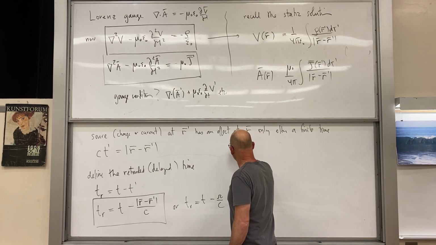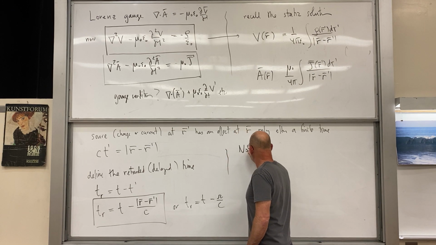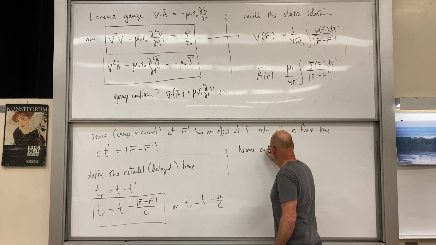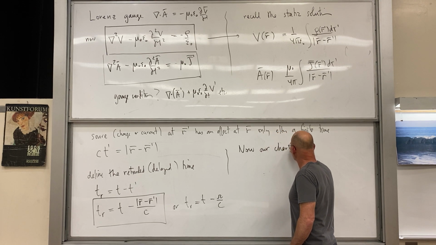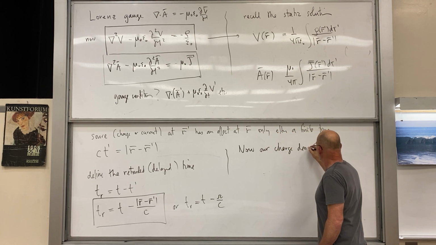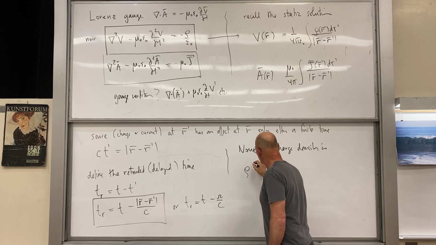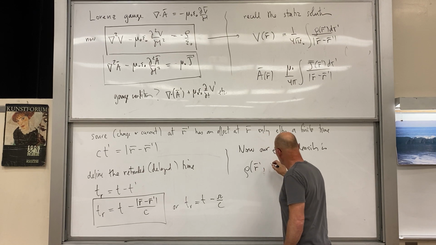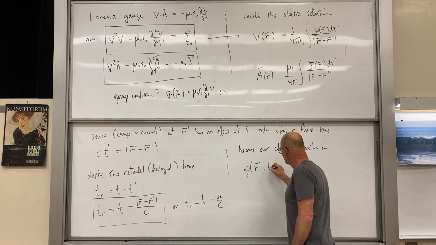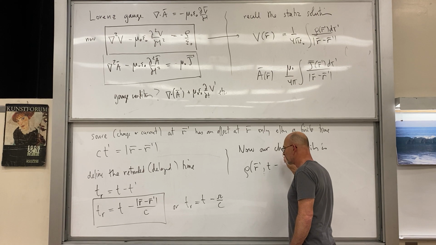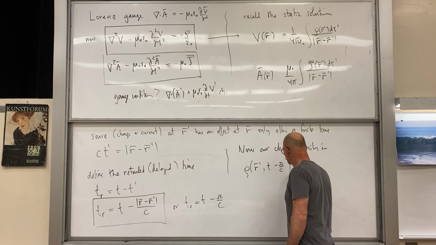So here's what we have. Now our charge density is rho of r prime, and then t minus r over c.